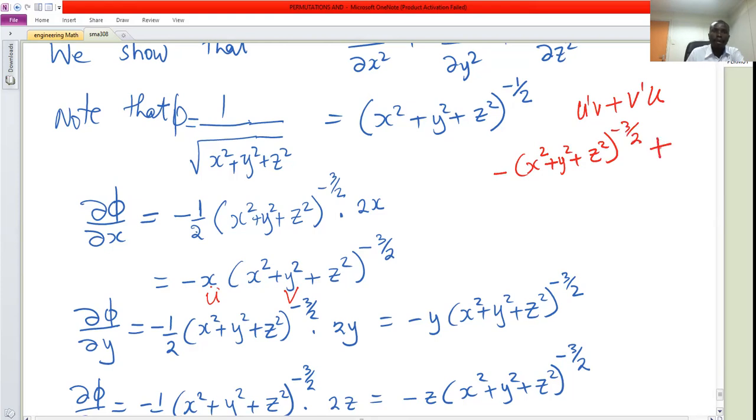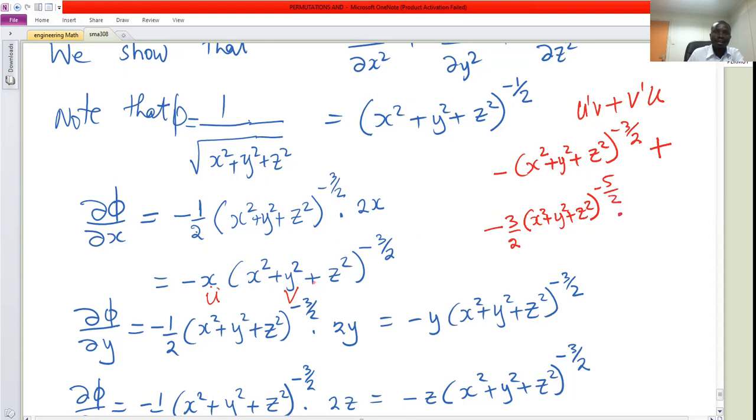Plus, now v prime, to differentiate this part, we use chain rule, whereby we fix this bracket. And so we drop, we have minus 3/2 into the same bracket, and then subtract 1 from minus 3/2, which is minus 5/2.